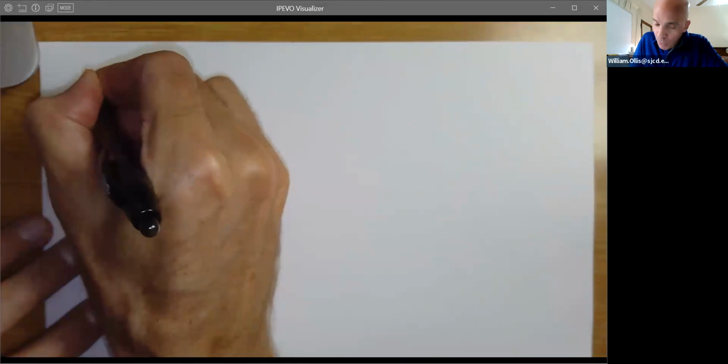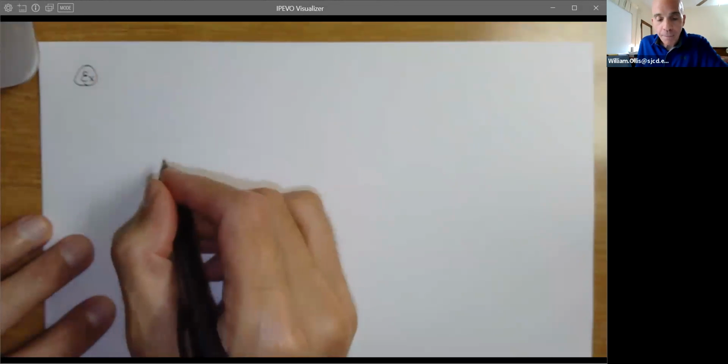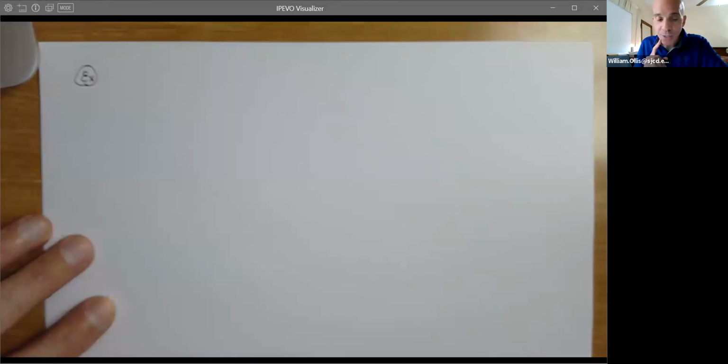So the example here will be another production type model.